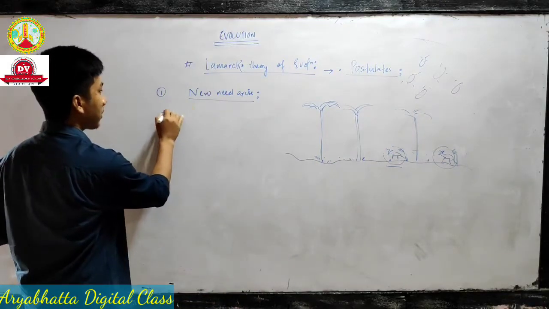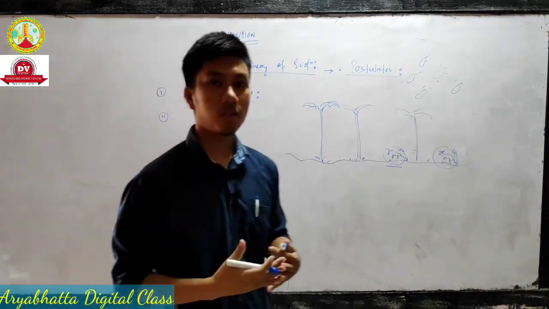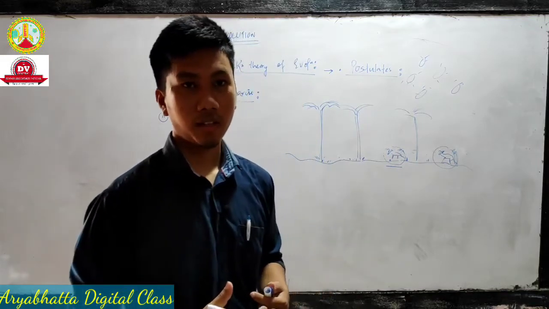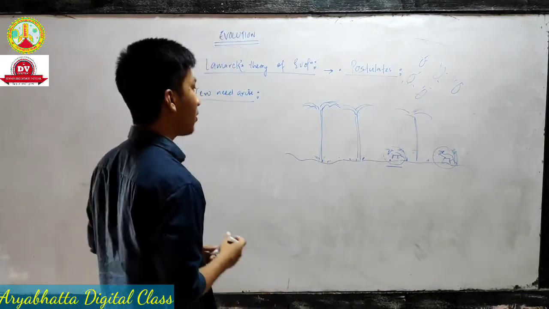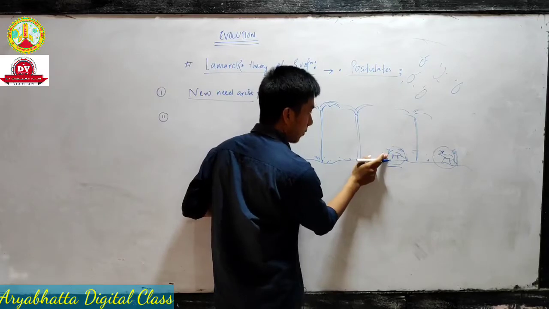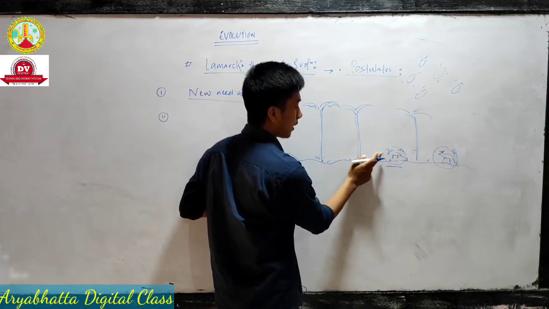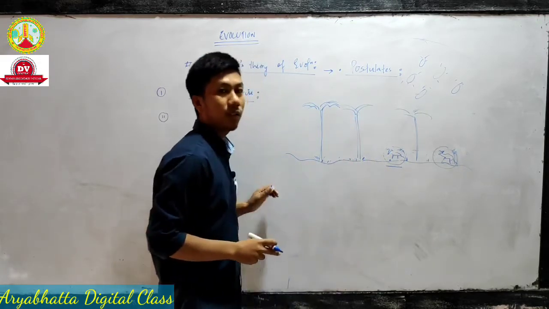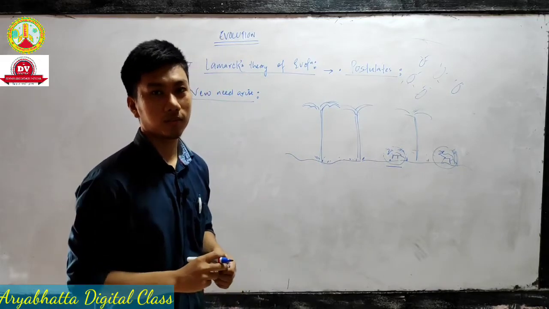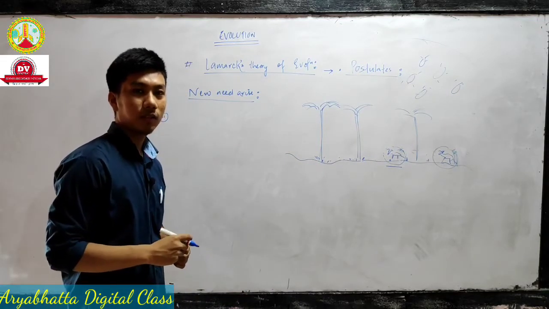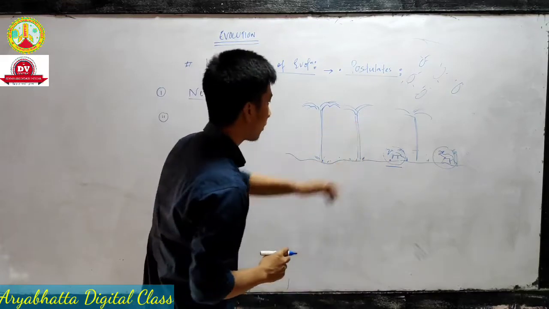As a result, due to the change in environmental condition, a new need has arisen. What is the new need? The new need was that these animals now had to feed on the leaf of tall trees.